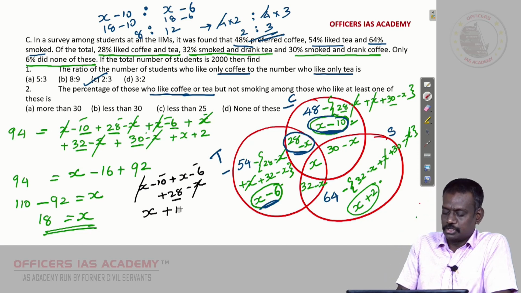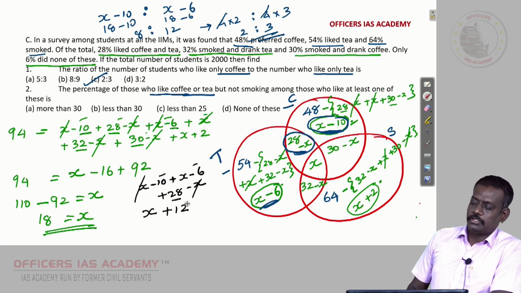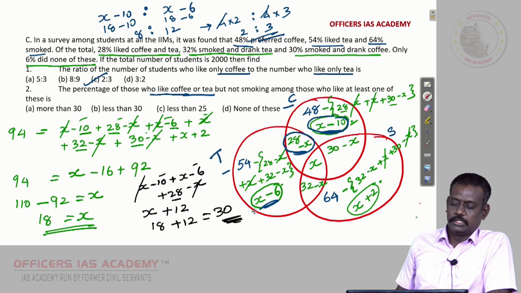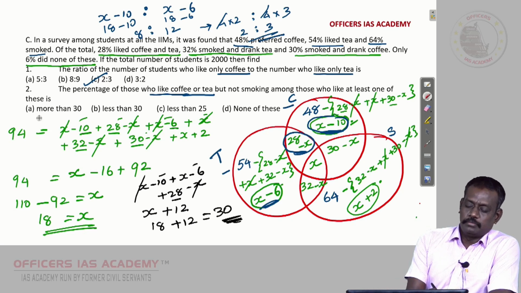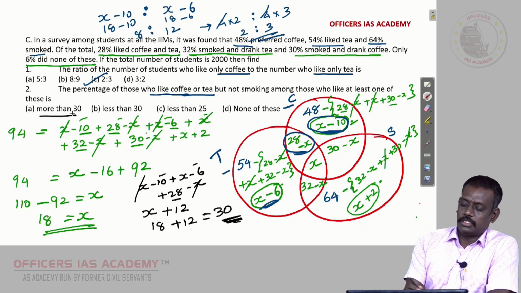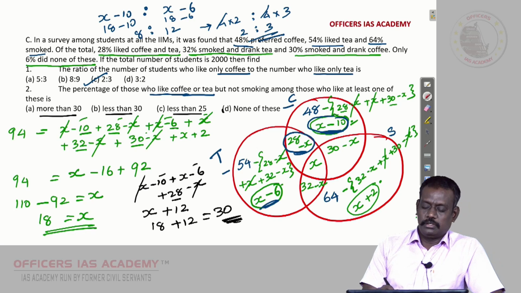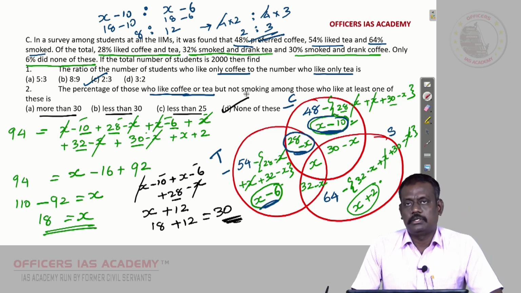So x plus 12, isn't it? You know the value of x is 18. So 18 plus 12 will give you 30. So it means exactly 30 it should be there. But in the options here it is more than 30, less than 30, less than 25. So nothing. So your answer will be none of these.